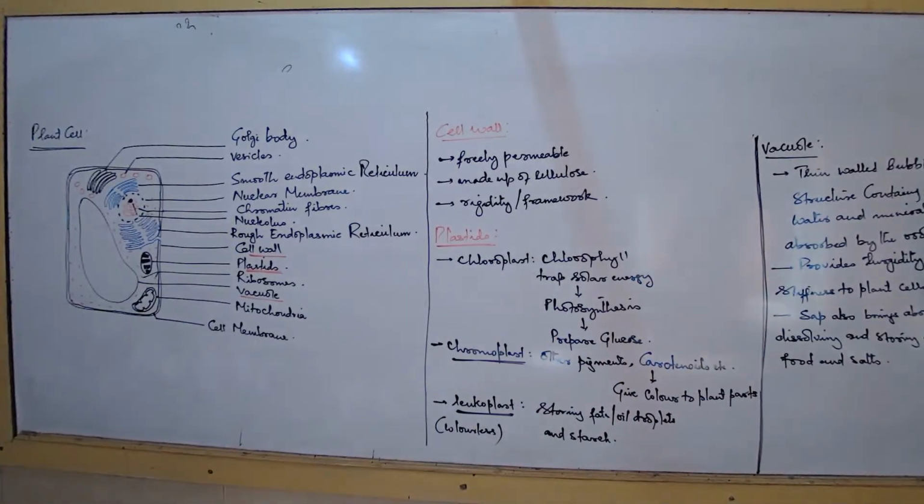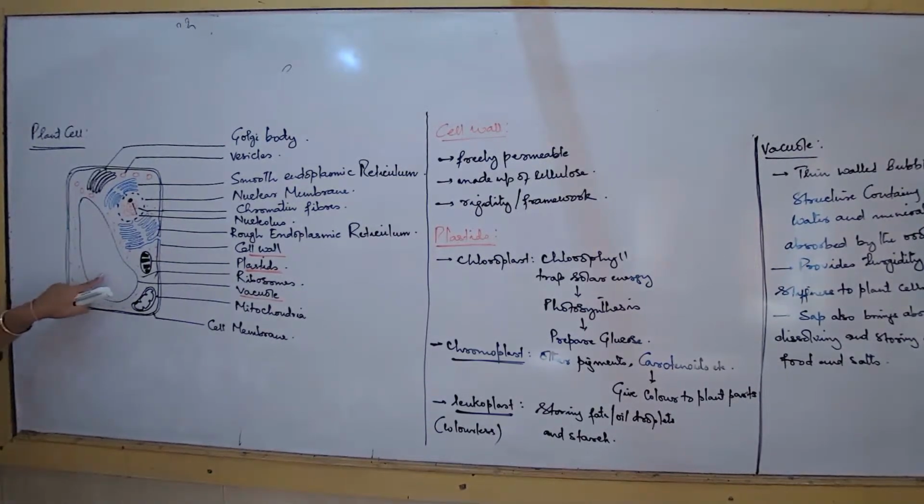So it is the sap which actually, as just now I said, is nothing but the water and the minerals which the roots have absorbed. So this sap would actually also help in storage. What type of storage part? Yes, food. When I talk about the plant cells producing glucose, yes, the glucose gets dissolved here in every cell.